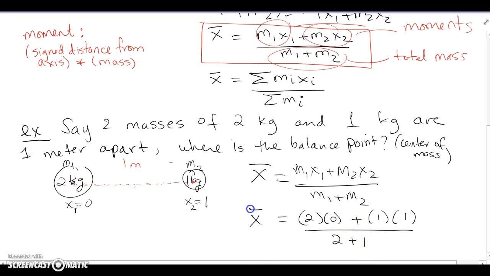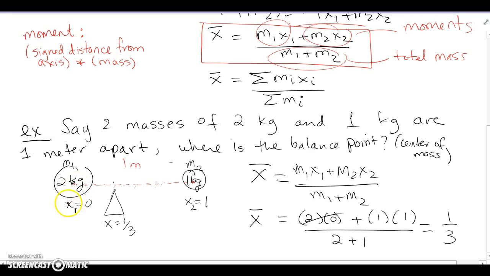And if I compute that, I'm going to end up with 1/3. So basically it says that between 0 and 1, I have to place my fulcrum somewhere right there if I want the system to balance. So closer to the 2 kilograms, as we had suspected.